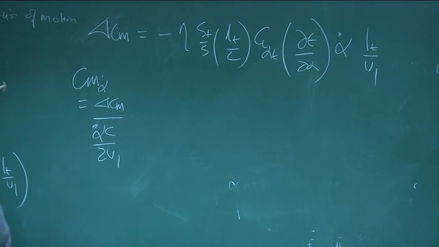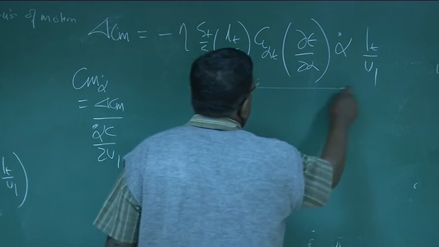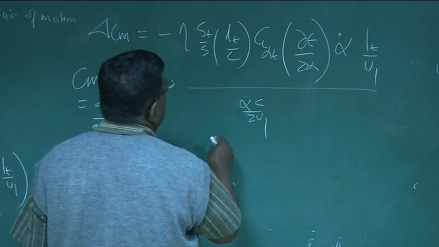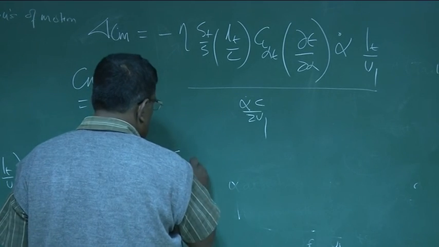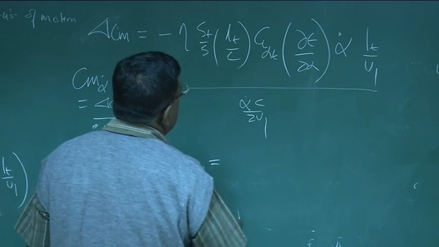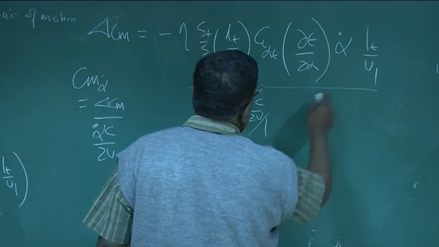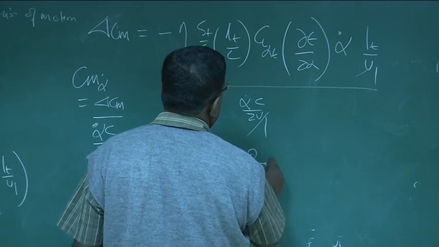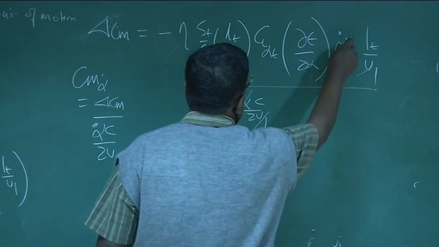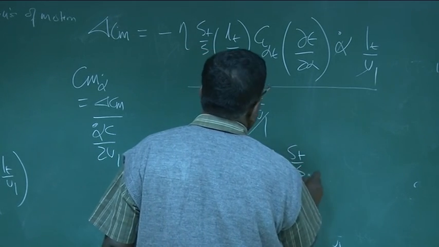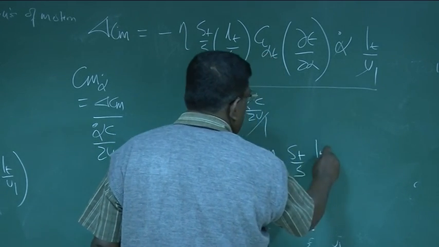If I divide it by alpha dot c bar by 2 u1, we will get Cm alpha dot equal to, see here, u1 and u1 will go. First of all 2 will come there, alpha dot will go, 2 eta t S t by S, Lt by c bar whole square.